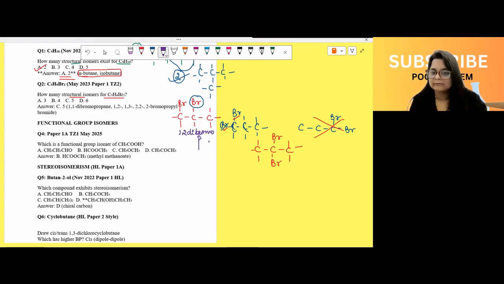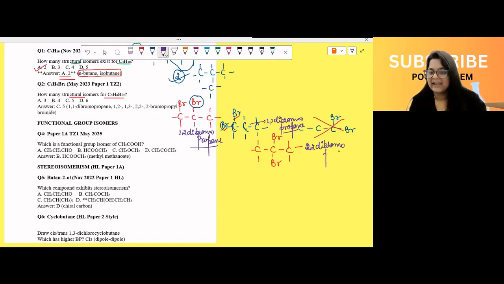What is this? 1, 1 dibromopropane. Then you have 2, 2 dibromopropane. Is there any other possibility?